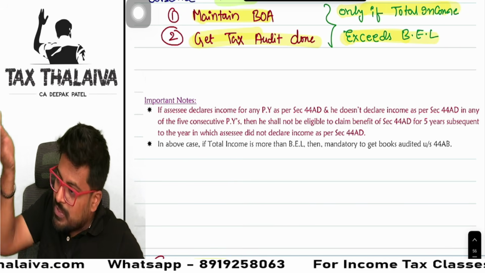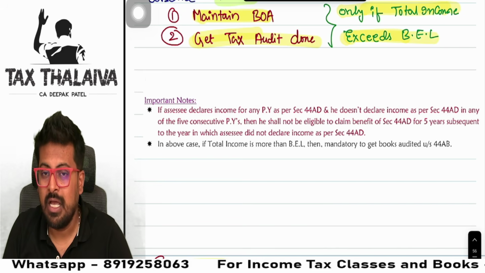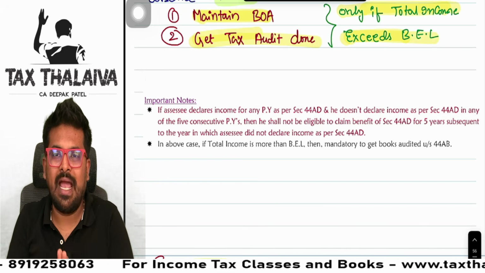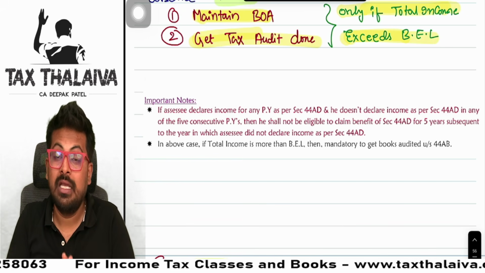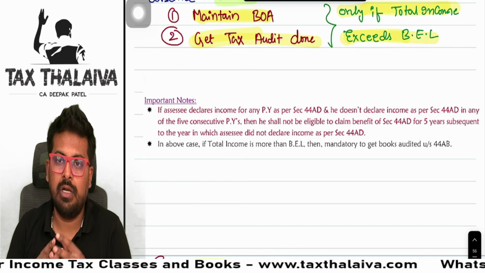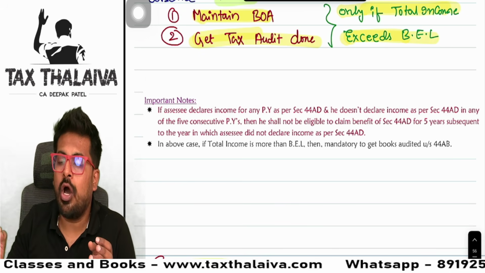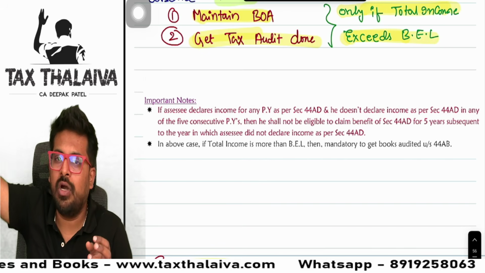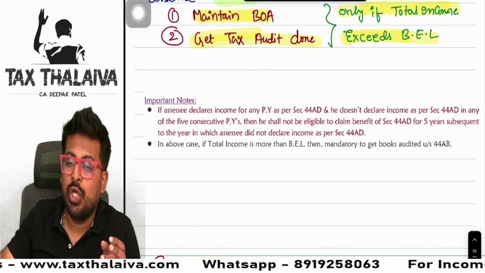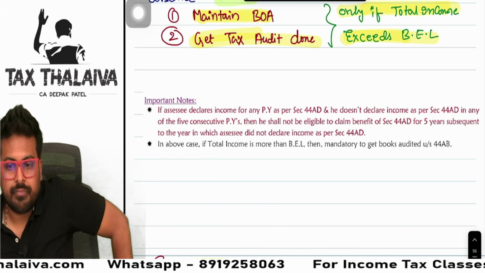But if your turnover is well within 2 crores or 3 crores, in that case, once you opt, let's say for example, in this year you are offering to tax under 44AD, another 5 years you have to offer under 44AD only. If by chance in any of these 5 years you go out of the 44AD presumptive scheme, in that case for another 5 years you can never pay tax under 44AD, mind it.